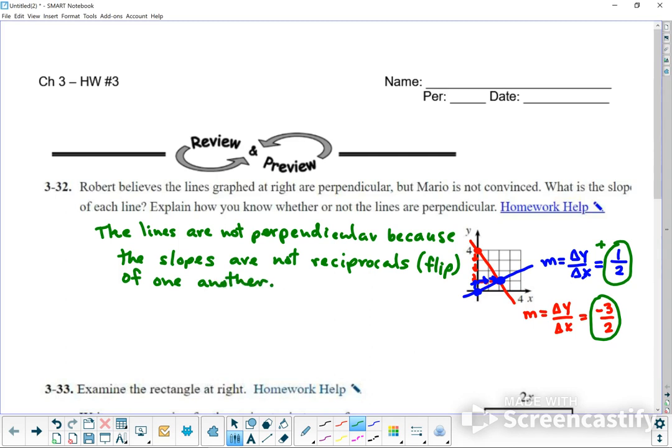Remember, for it to be perpendicular, it needs to be reciprocal and opposite, and they are opposite, but they're not reciprocal. So I'm just saying that they're not reciprocals.